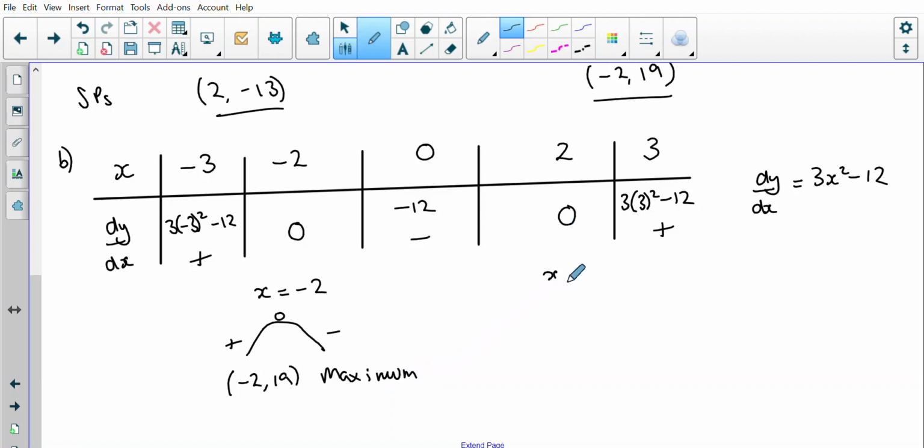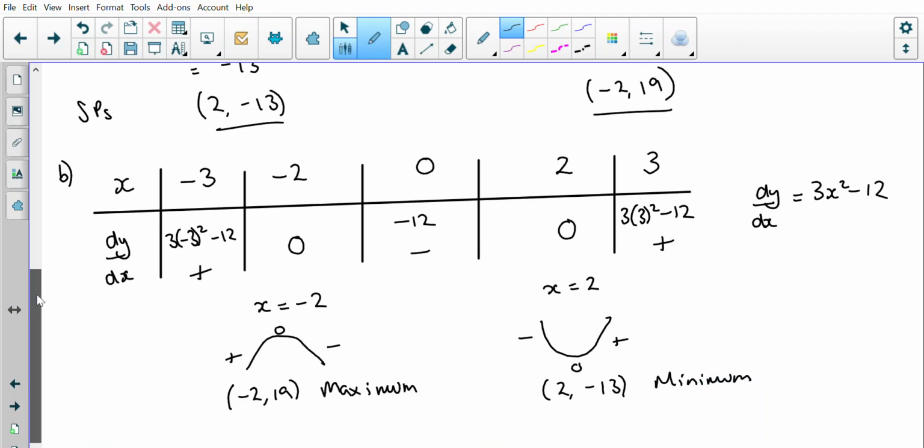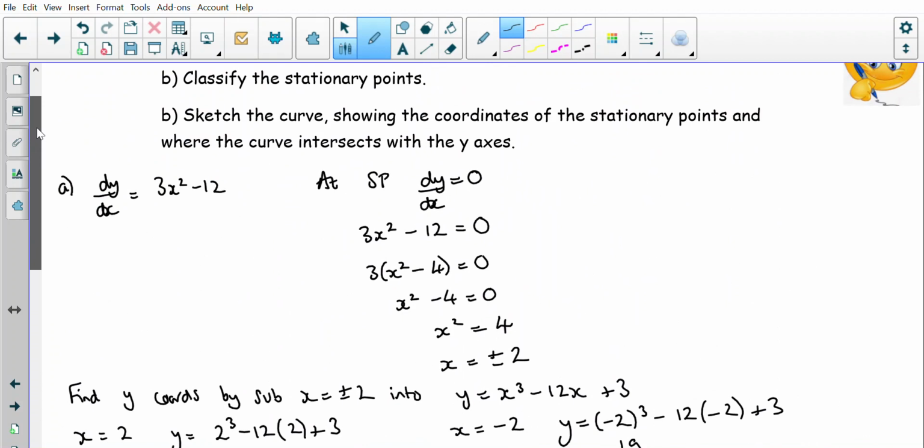And then when x equals 2, I can see the gradient goes from negative to 0 to positive, and that tells me that 2, minus 13 is a minimum point.